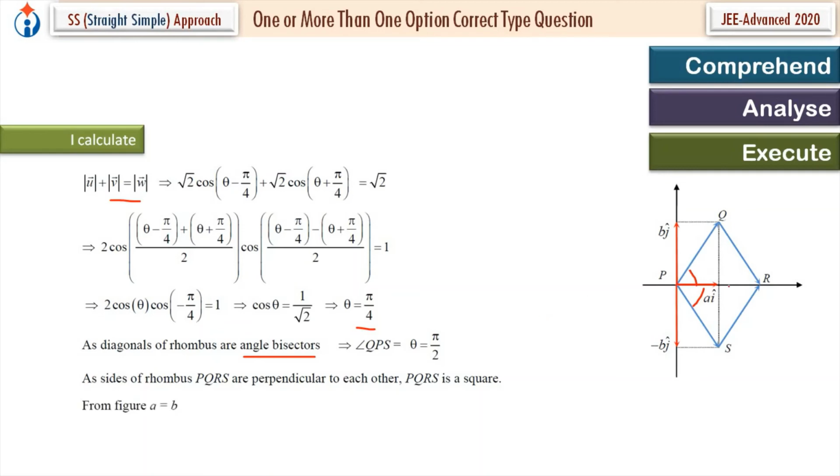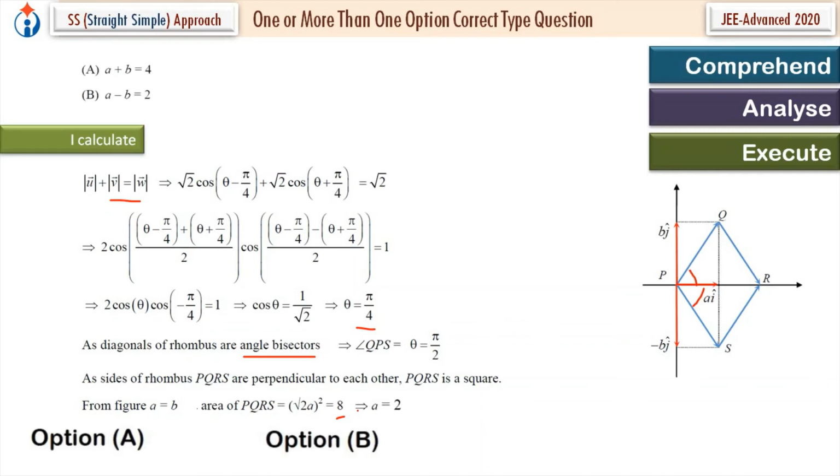From the figure, since it is a square, A will be equal to B. So the area of square PQRS is root 2 A times root 2 A, since the side length is root 2 A. That is given equal to 8, which gives us the value of A equal to 2. A equals 2, B equals 2.